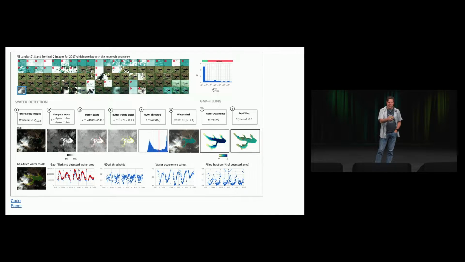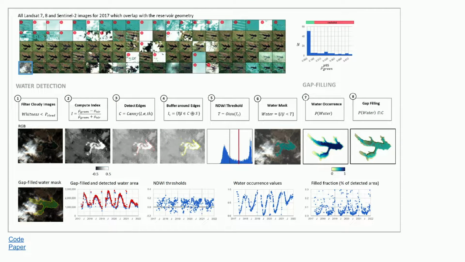This is just to get a feeling for how you would build something like this. What you see on top are all the images selected for this test reservoir over some period, I think one year. You can see that some of the images are cloudy, so what we will learn in the next steps is how to detect these cloudy images quickly and filter them out.